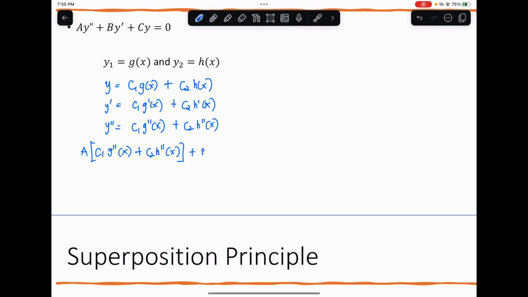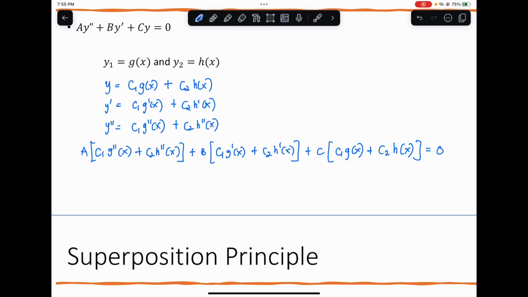Then we substitute it into the equation: a times y double prime, which is c1 g double prime of x plus c2 h double prime of x, plus b times y prime, which is c1 g prime of x plus c2 h prime of x, plus c times y, which is c1 g of x plus c2 h of x, equals 0.